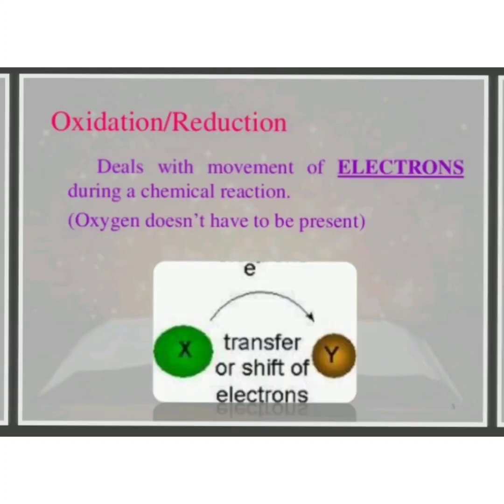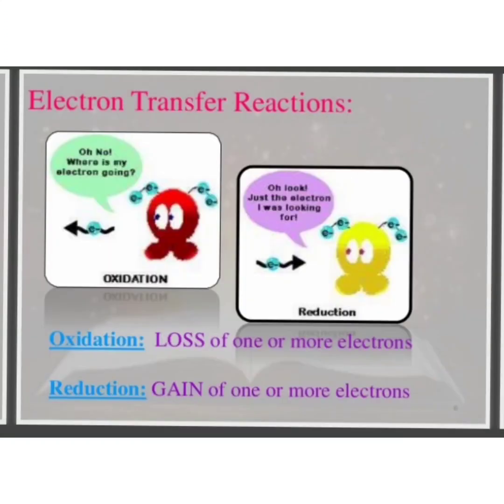Next is oxidation and reduction in terms of electrons, or movement of electrons, when there is no oxygen present in the compound or in the element. Oxidation means loss of one or more electrons from an element or from an atom.